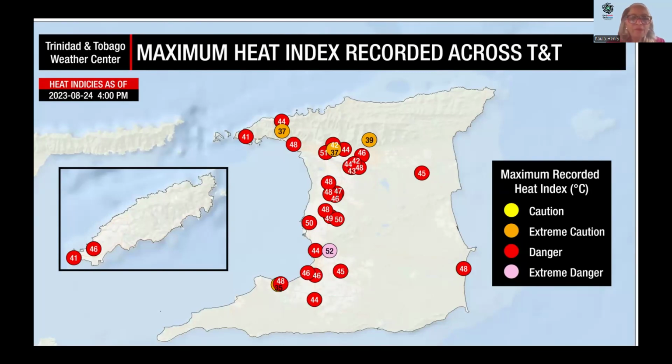And you see there 52, extreme danger. Does anyone ever remember that day? We would remember earthquakes where nobody died, but did we remember that day when several people probably would have died from heat stroke or heart attacks?